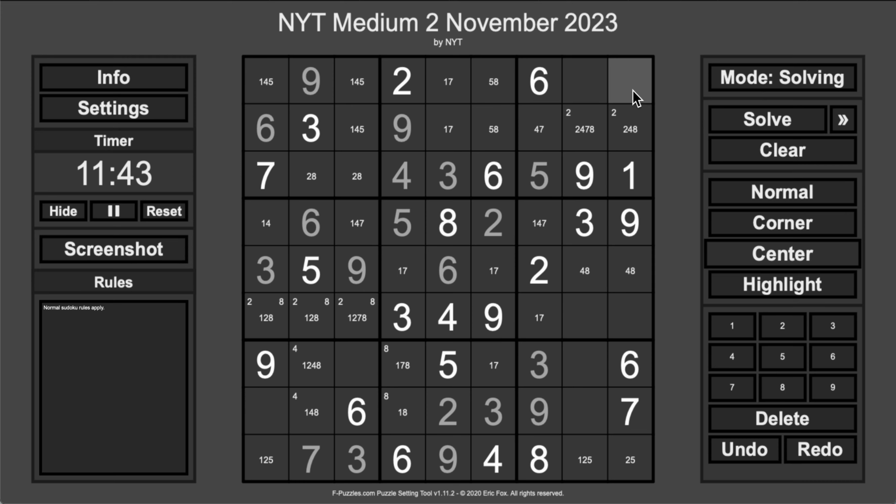This one sees 1, 2. Okay, this sees 1, 2, 5, 6, 7, 9. Well, is that a naked 3? It might be. Now this 3 rules those out. This 3 rules those out. 3's in one of these two, but not there. So, yep, that's a 3. It just took me a while to see it.